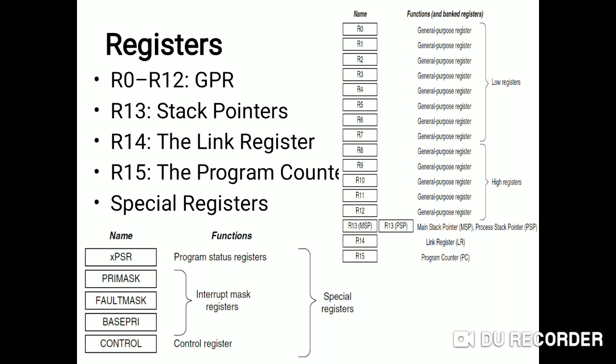And next is the control register. These registers have specific functions and can be accessed only by special instructions. They cannot be used for normal data processing. A detailed description of those special registers will be given in the next video.